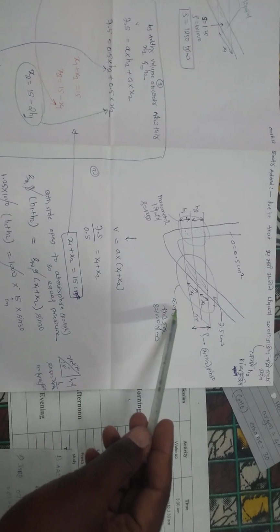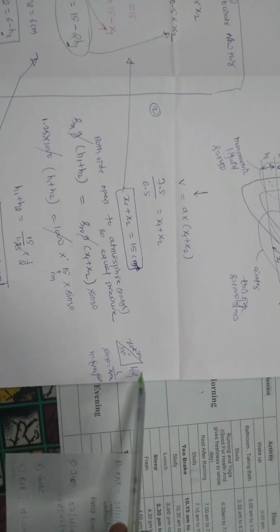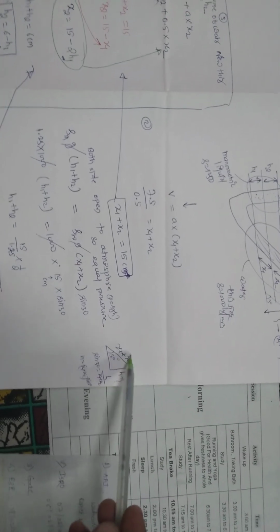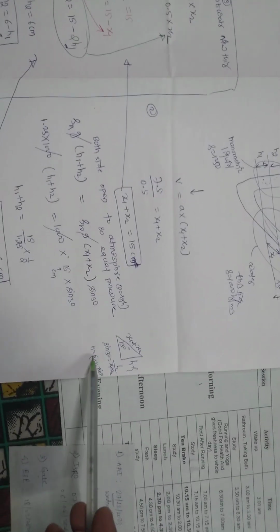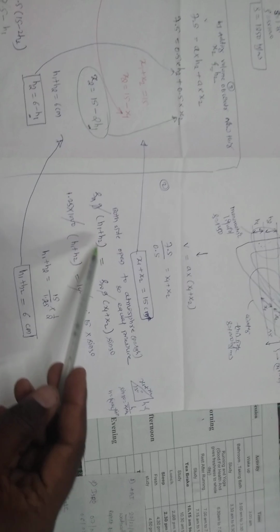So sine 30 is equal to total height divided by hypotenuse x1 plus x2. So h is equal to x1 plus x2, which we have calculated as 15, so 15 sine 30.